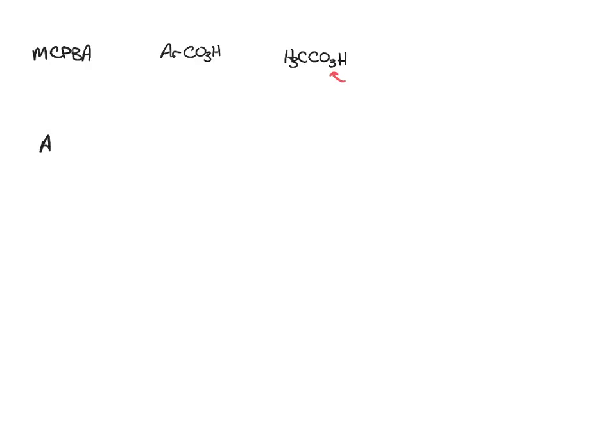So MCPBA, instead of a carboxylic acid, is this peroxy acid, right? And they tend to use the reagent written out like this instead of writing MCPBA. So if you spot that CO3H, what should immediately pop into your mind is epoxide.